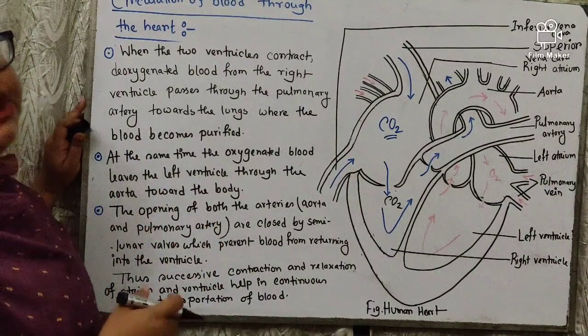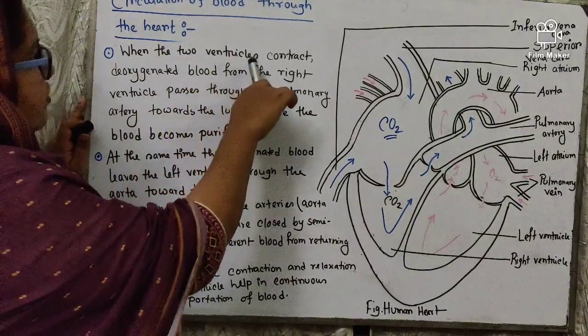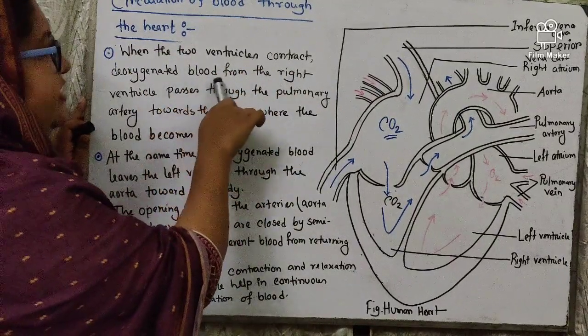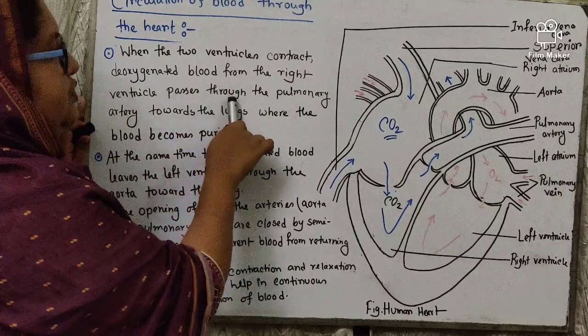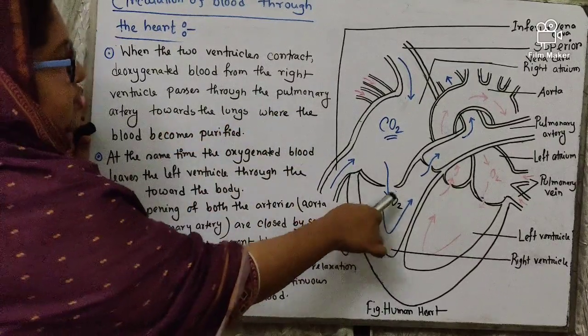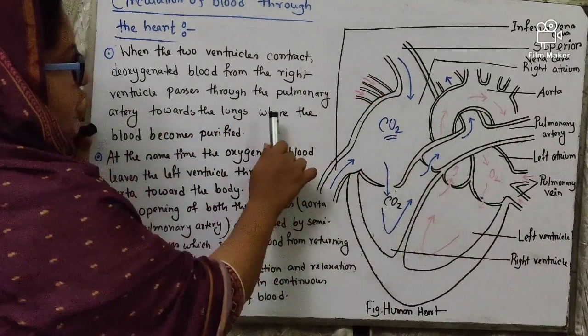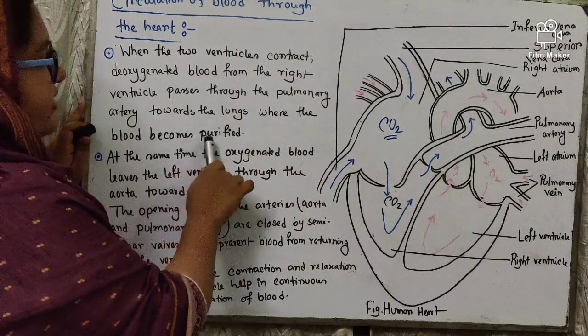There, the blood is purified. When the two ventricles contract, deoxygenated blood from the right ventricle passes through the pulmonary artery towards the lungs, where the blood becomes purified.